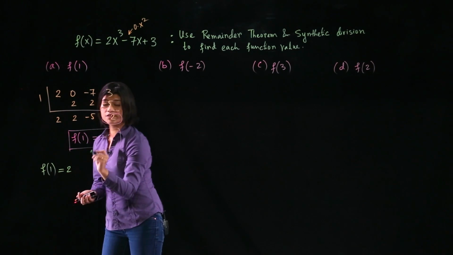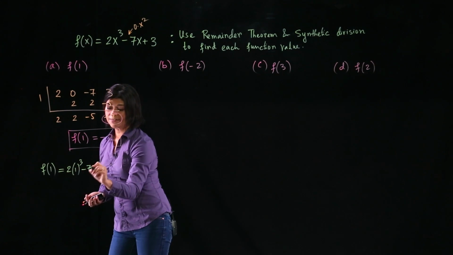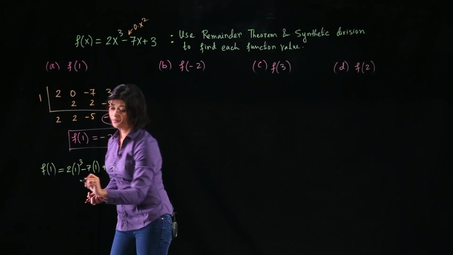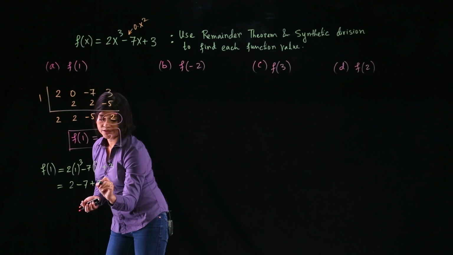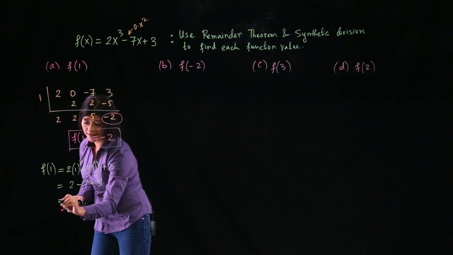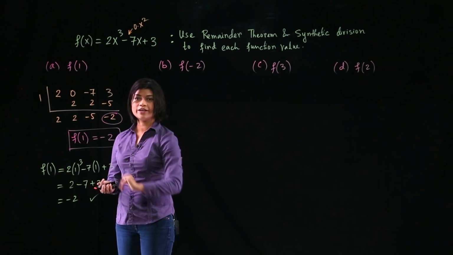So it's 2 times 1 cubed minus 7 times 1 plus 3. So this is 2 minus 7 plus 3, 2 plus 3 is 5, 5 minus 7 is negative 2. So it verifies that we are correct here.